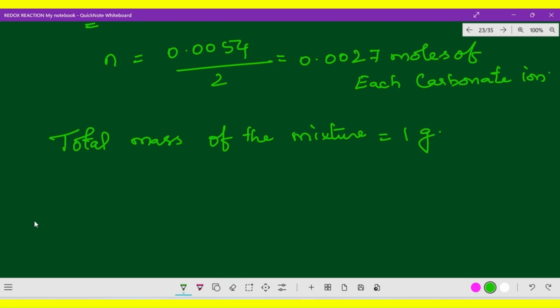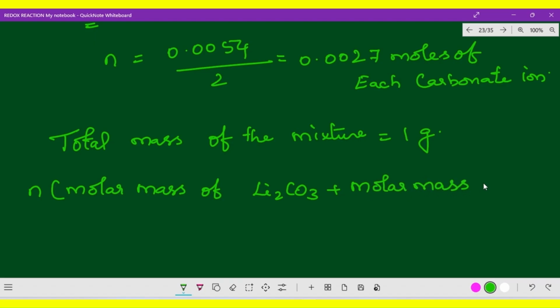So N into the molar mass of lithium carbonate plus the molar mass of the metal carbonate, M2CO3, as mentioned in the question. Both combined together equal 1 gram. That is the total mass of the mixture: molar mass of lithium carbonate plus molar mass of metal carbonate, into number of moles, equals 1 gram.